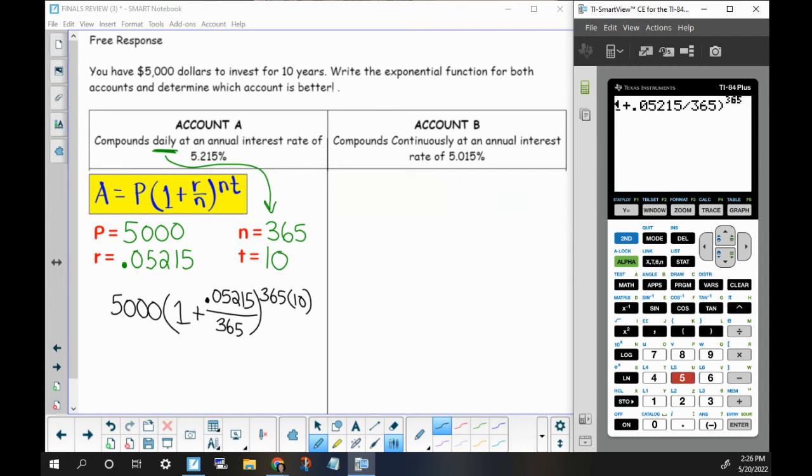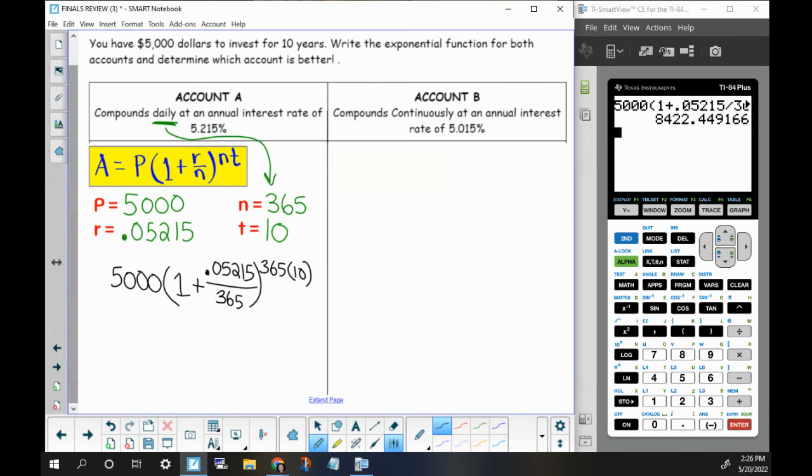Now, when a number is right next to parentheses, what math operation is that? Multiplication. So you can put this in parentheses, or you can just hit the multiply sign, and multiply it by 10. Then hit enter, and you will get your value. Now remember, this is going to be growing, so you want to make sure that your value is bigger than what you started with.